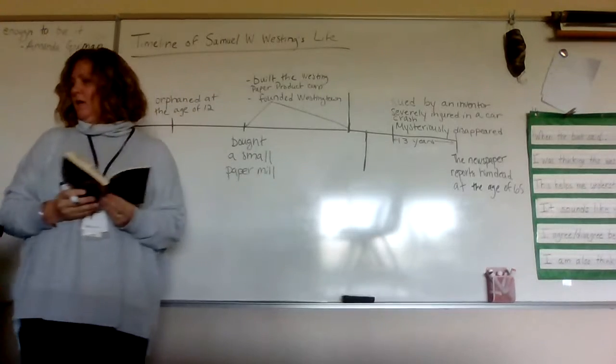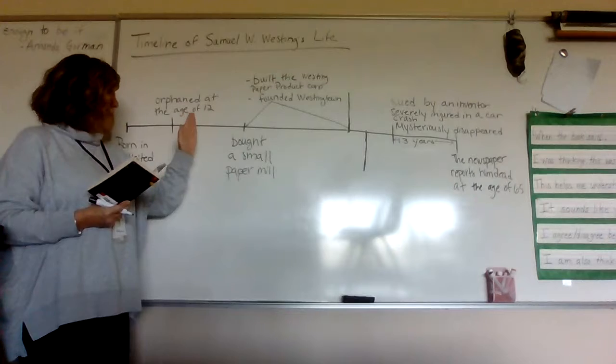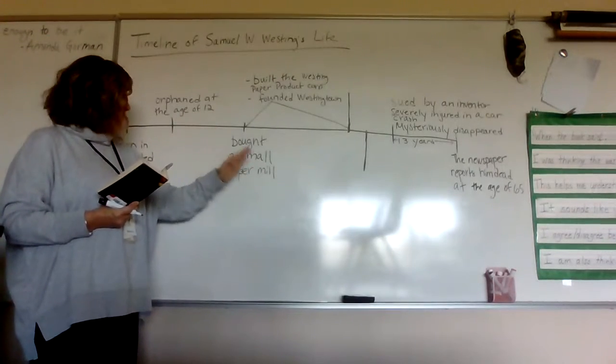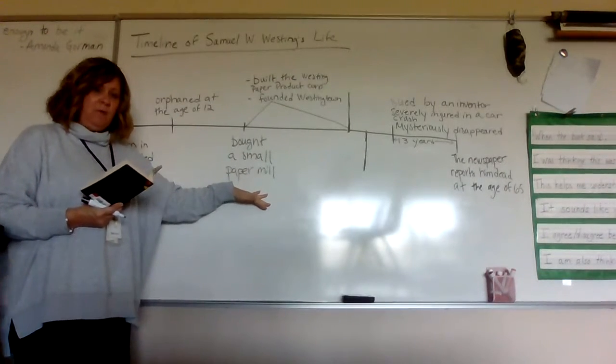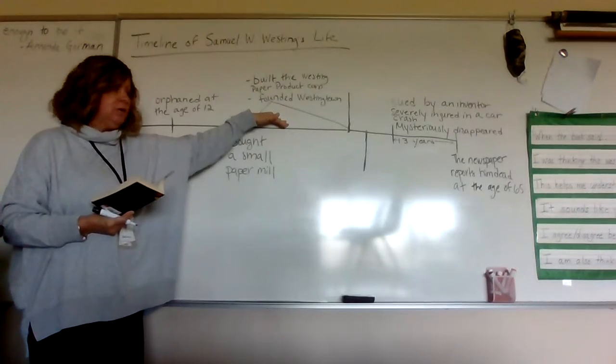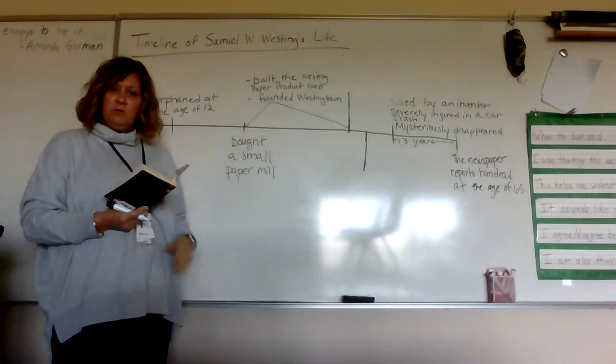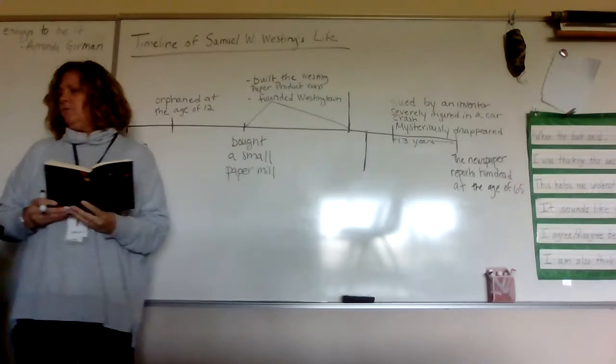Okay, so it's kind of important to know that he was an orphan. He worked really hard. He bought a small paper mill. He changed it into a huge corporation where he even founded a town where his employees could live. Important information.